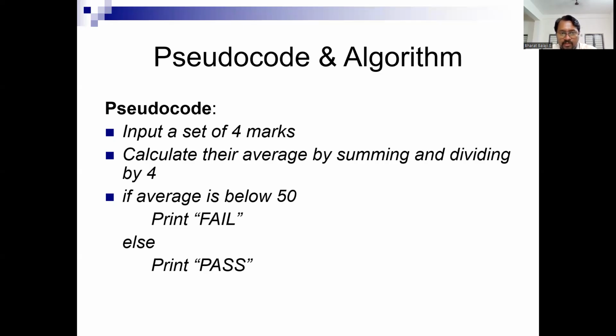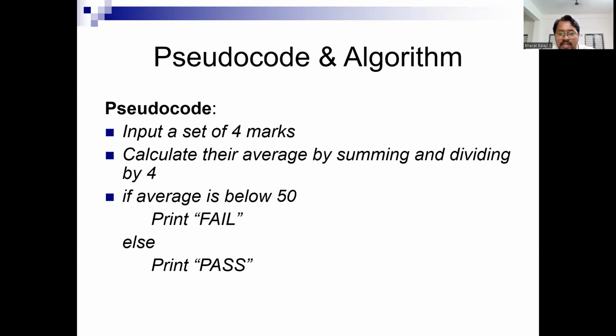We take the set of 4 subjects' marks and calculate their average by summing and dividing by 4. Why? Because it is a set of 4 subjects.